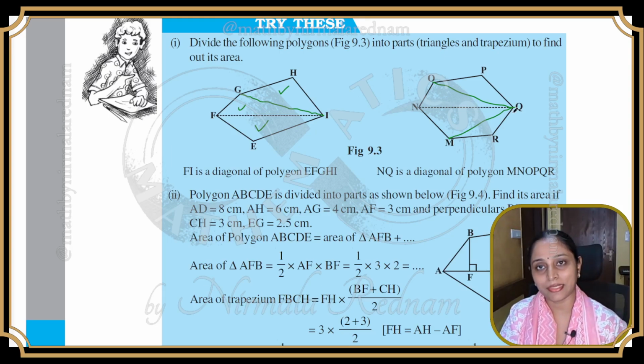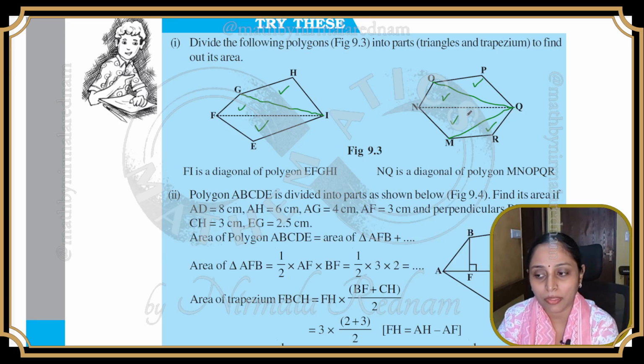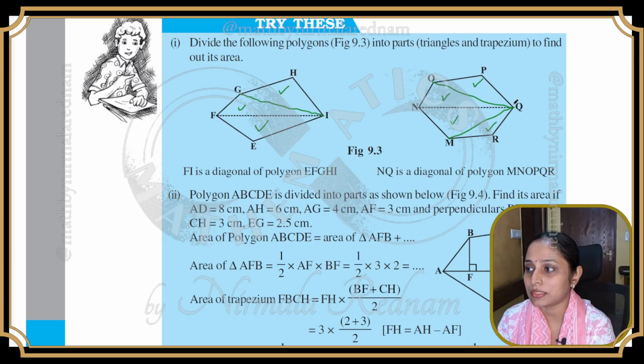There are other ways as well. I mean, there's no unique way of finding it. So if I join in this manner, then OPQ is a triangle, NOQ is a triangle, NMQ is a triangle, MRQ is a triangle, and together these 4 triangles will give me the required area. So that is how you're going to solve these sums.